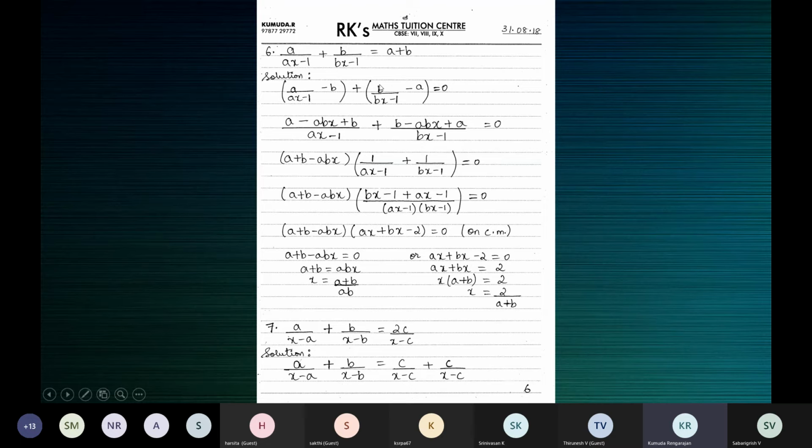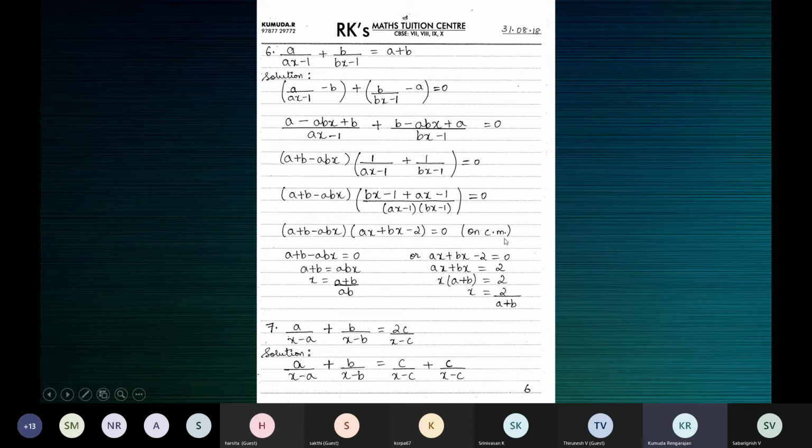To this b, take minus a. So you have a and minus b, b and minus a. Then it's similar. Common denominator, the numerators are the same, so bring out the numerator common and similar steps. On cross multiplying, (ax minus 1) into (bx minus 1) into 0 becomes 0.